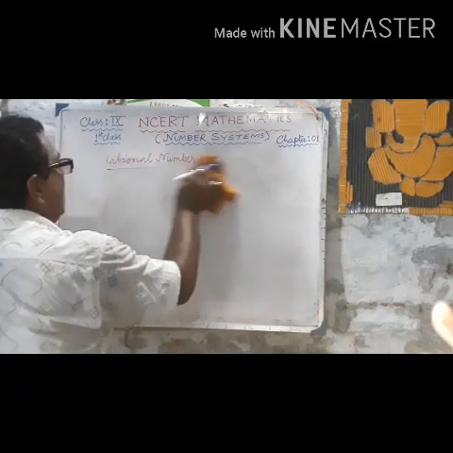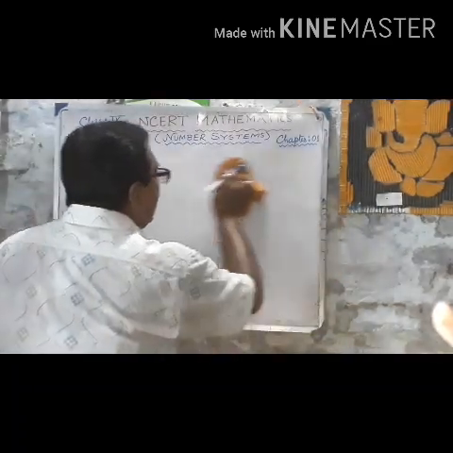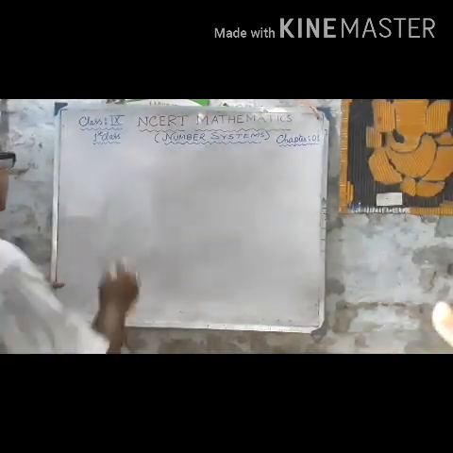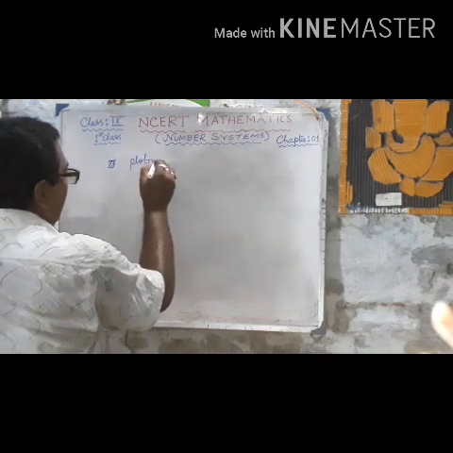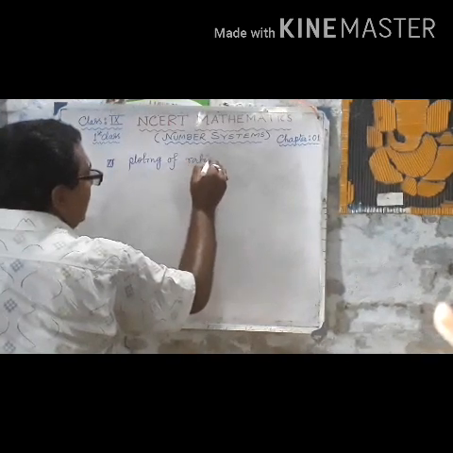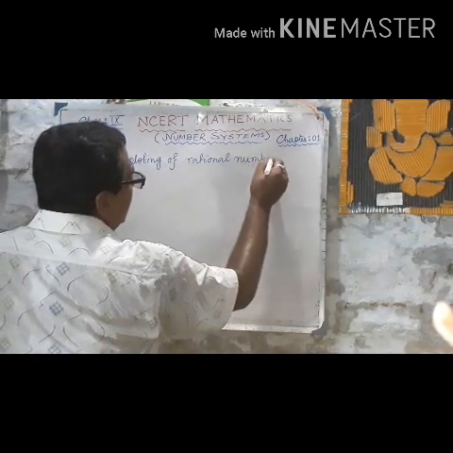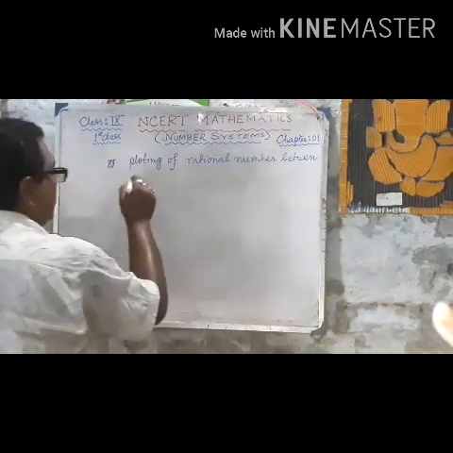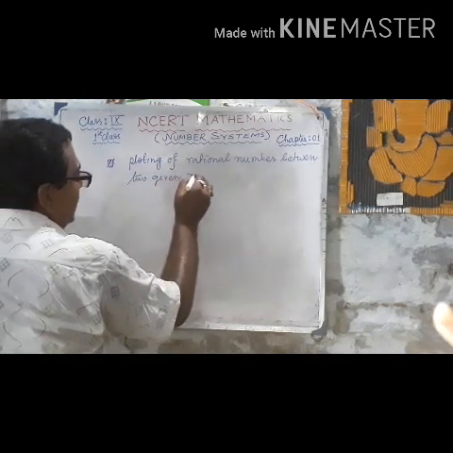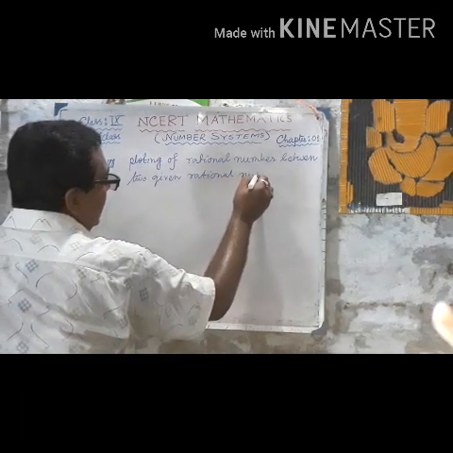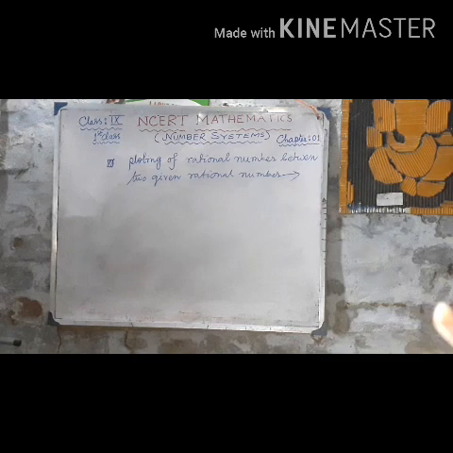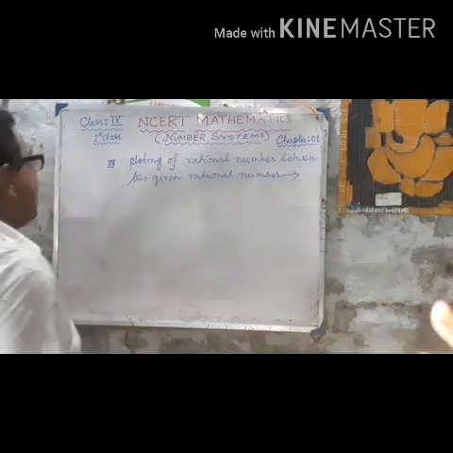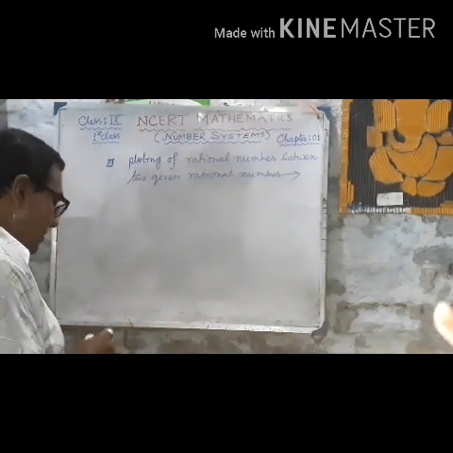Now we have to discuss plotting of rational numbers between two given rational numbers.